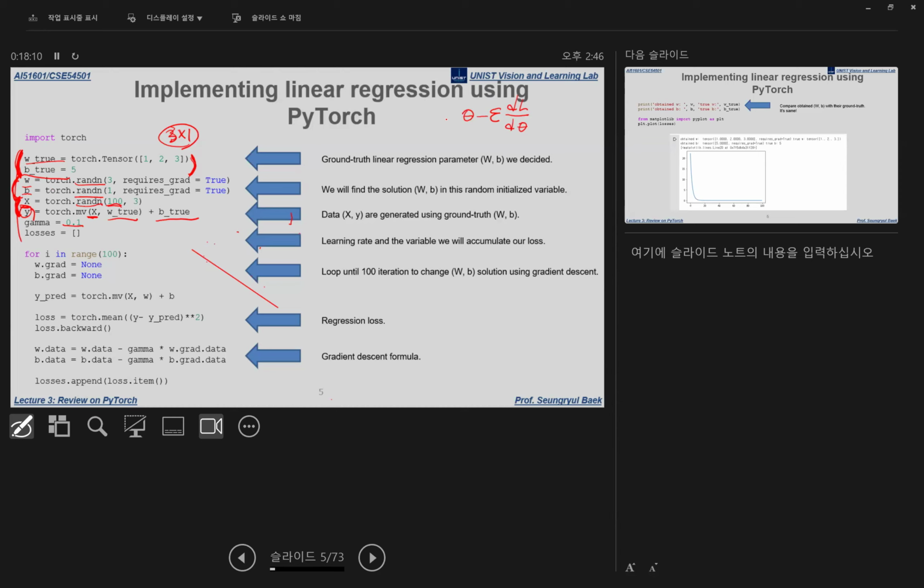In gradient descent, we need some small scalar value, so you can think of this as gamma. The parameter vector now is the W and B, and we randomly initialize them.